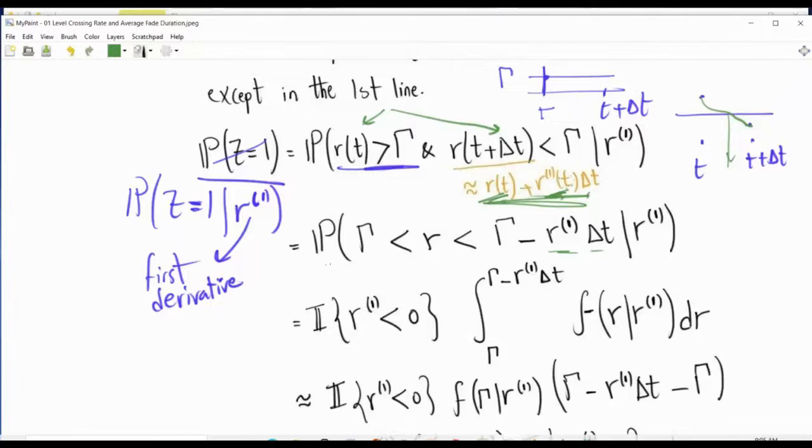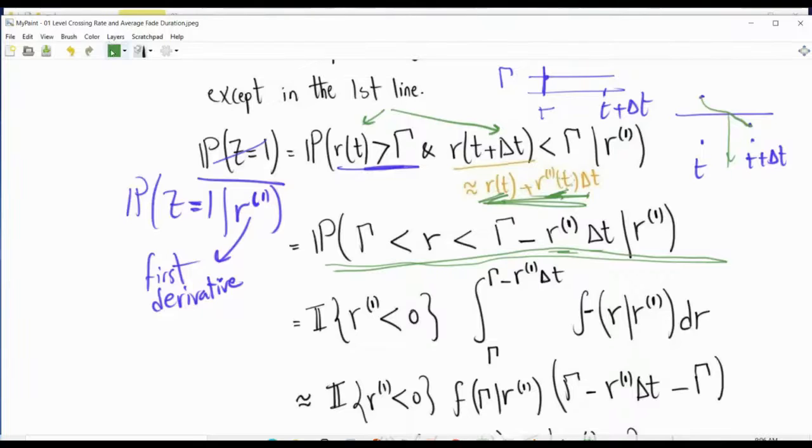Okay, so what is this probability given the first derivative? First, note the following: if the first derivative is positive, or actually zero, you will never do this crossing.